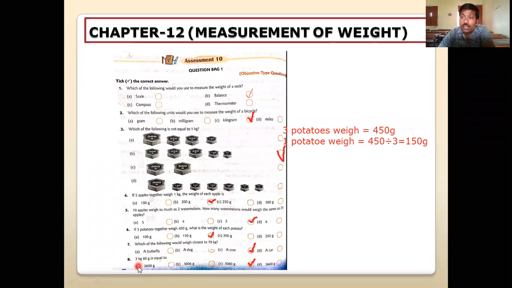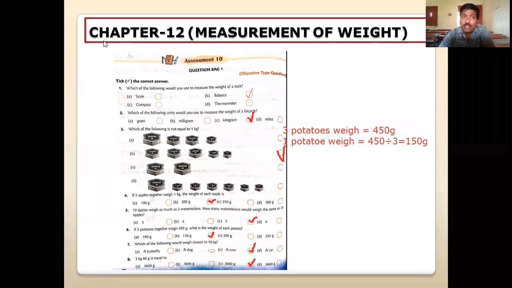And another question, question 8. 3 kg 60 gram is equal to 3060 gram. Because our answer will be given in gram, we will convert 3 kg 60 gram into gram.